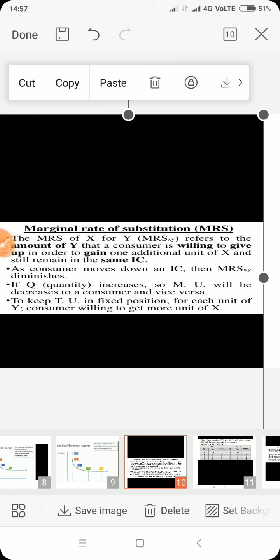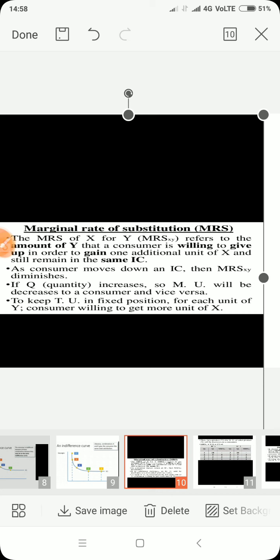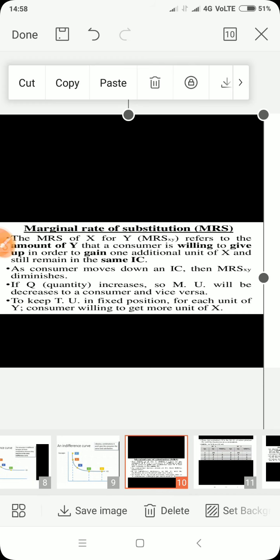If a consumer is opting for two combinations of goods, say he is demanding 1 unit of one commodity and 10 units of the other commodity, and in the second case he asks for 2 units of one commodity and 8 units of the other, that means he is sacrificing his demand for one commodity to gain the other.